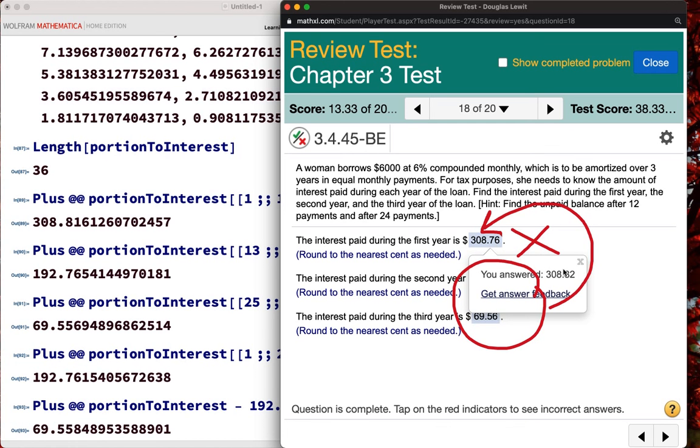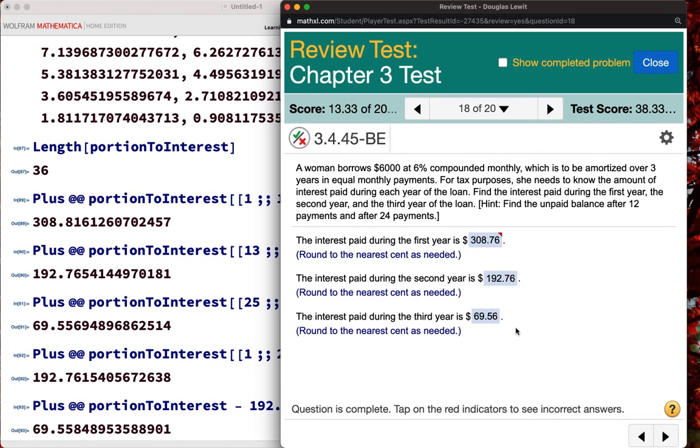I'm going to argue that my answer is correct, because if it were not, these answers would have been wrong, but Pearson actually accepted them, which means my answer here must have been correct. So this is where I'm going to disagree with Pearson. I think Pearson's answer is a little bit off. I believe that my answers are more accurate.